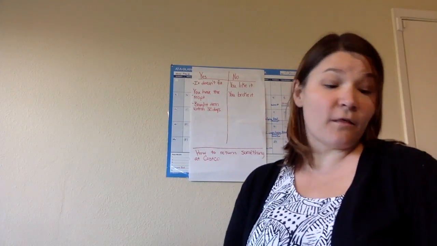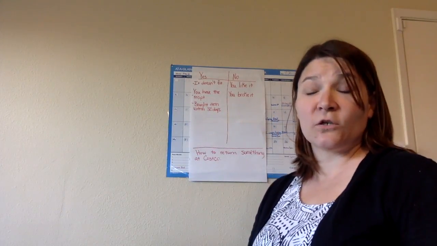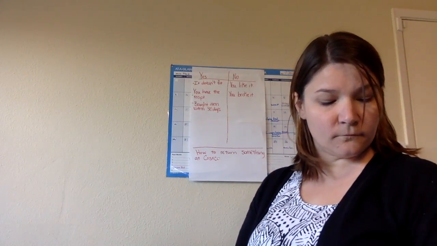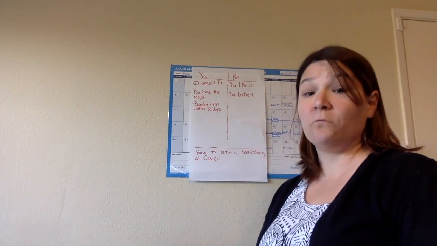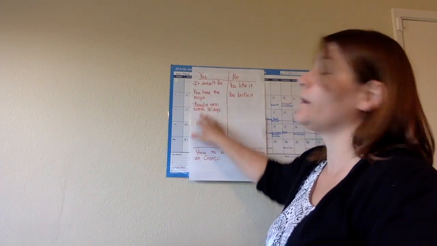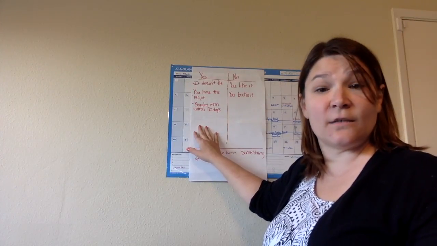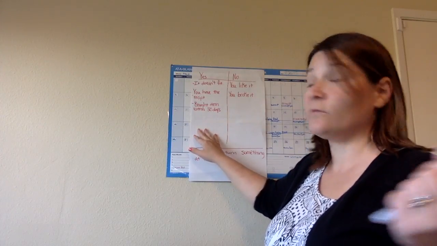Okay, can we think of another reason why we may return something or how we may return something? Oh, that's right. What is one of the other things we need to know about how to return something? A lot of times they require that it has the tag on it still or that you have the tag in hand. Right, okay.